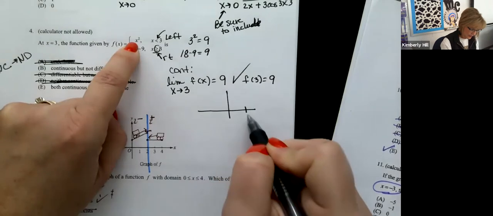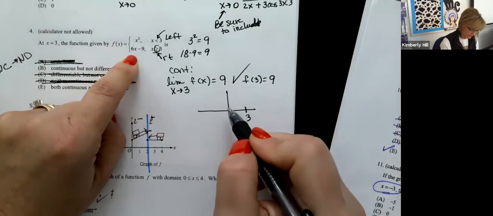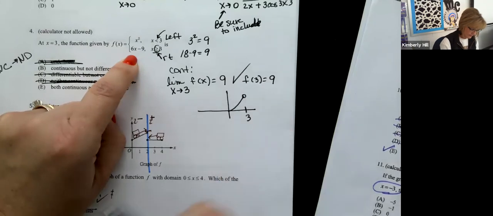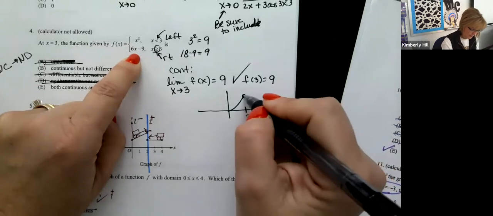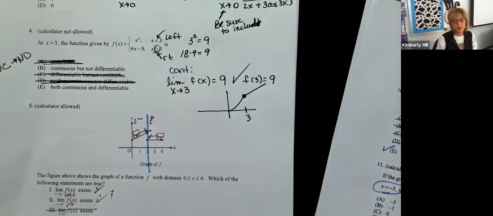So at x equals 3, you've got a parabola and then you've got a line. And just knowing that, you would be able to determine whether it's differentiable or not. I would have to say, though, it depends on if those slopes match up.